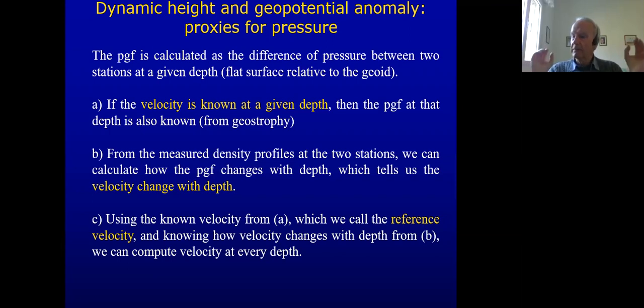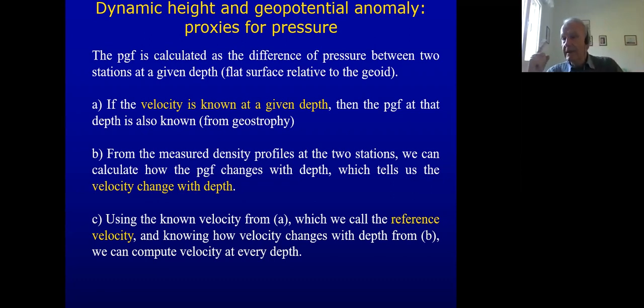Therefore, the first thing we have to start with is to know the density field. Once we know the density field, we calculate the pressure gradient force at a given depth, and we go in that way calculating the geostrophic shear. But you have to take into consideration that we are calculating the geostrophic shear.